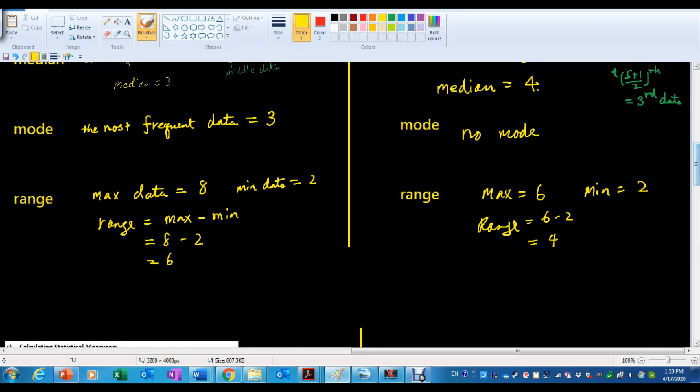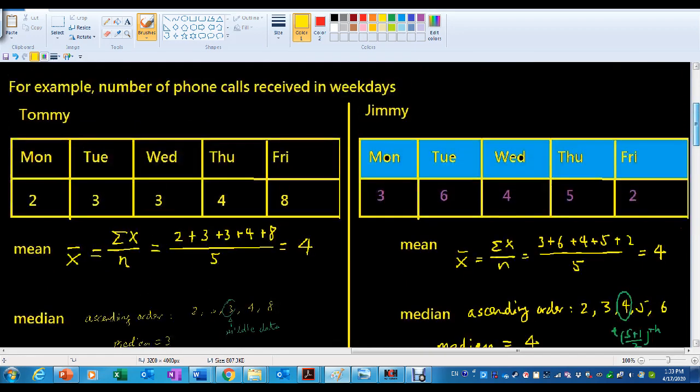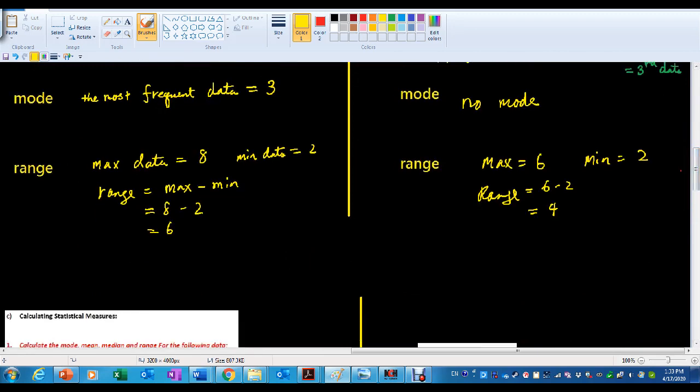For the range, Tommy's data have a greater range. So that means Tommy's data is less centralized than Jimmy's. Jimmy's data is more centralized than Tommy's. That's what we call spread of data.